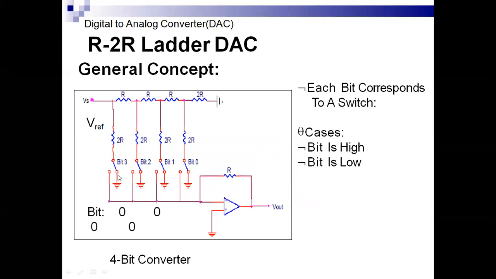It is LSB and it is MSB. Here the input, that is 4-bit, is 0000. It is a ladder of resistors, that is R, R, R and 2R, and last one, that is R. And we are taking the output from here, that is called the R-2R ladder.